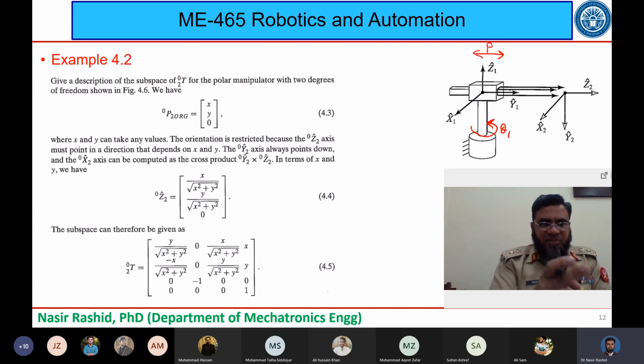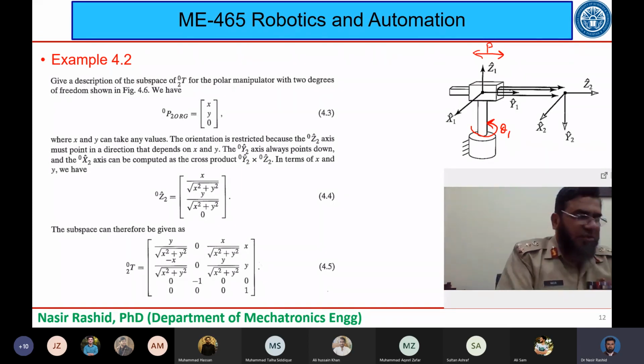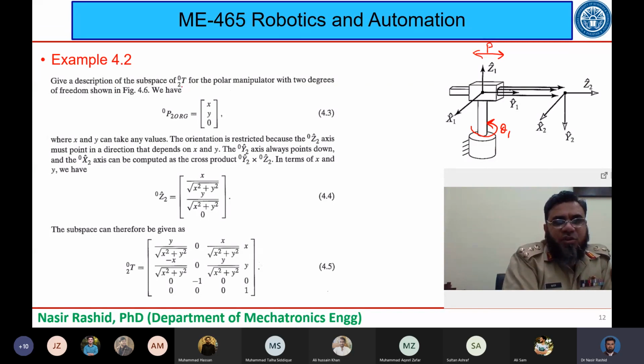लेकिन ये हमने कैसे achieve किया, ये मैं अब आपके साथ इसको थोड़ा सा solve करूंगा। सो लेट अस सी, सबसे पहले तो मैं ये बात करता हूँ कि इसका पहली चीज क्या है। So given a description of a subspace which is T2 to 0, so tool frame 2, so this is tool frame 2, actually this is frame 2, तो इस फ्रेम को अगर मैं यहाँ पे 0 बना दूं, this is Z0 and this is, let's see, X0, so yeah, this is tool frame 2, this is 0 frame.